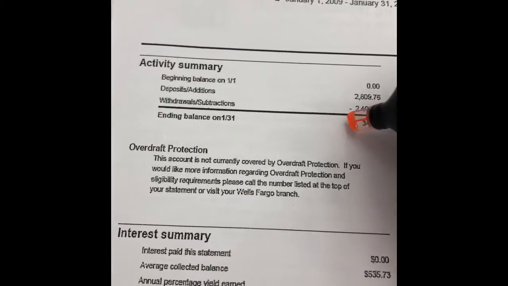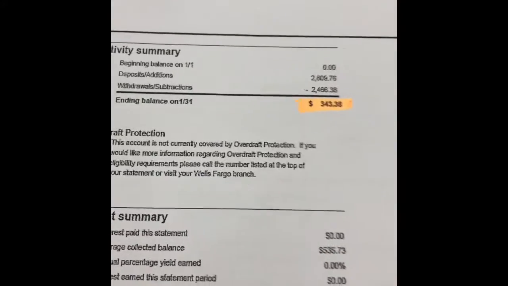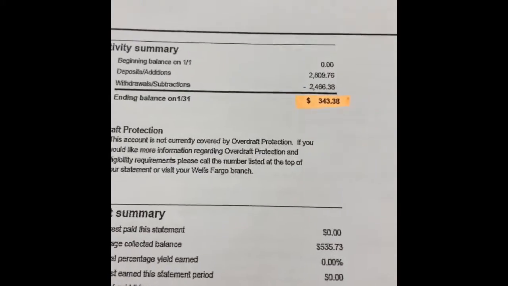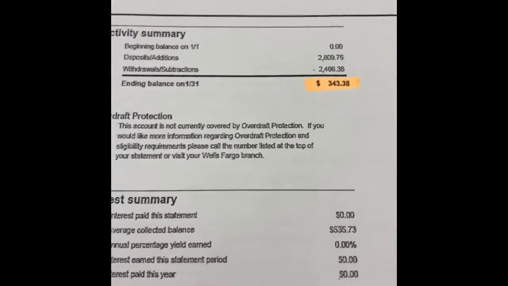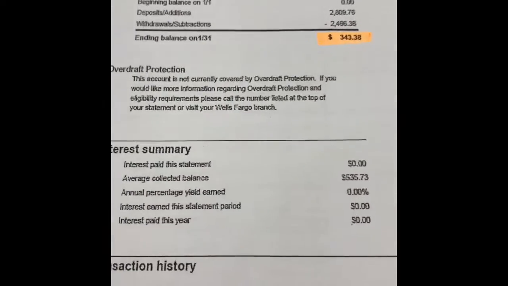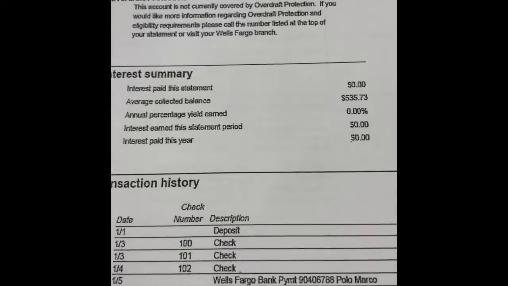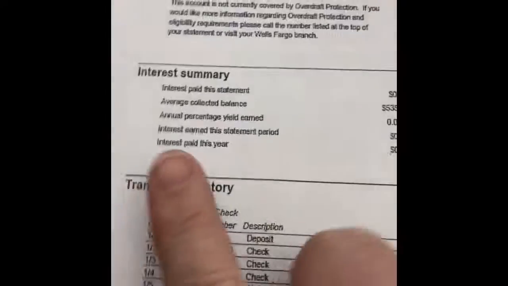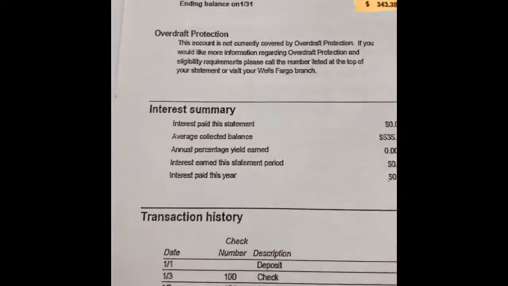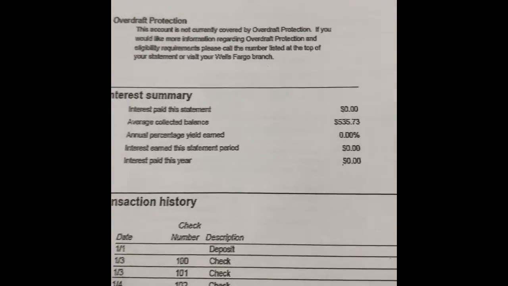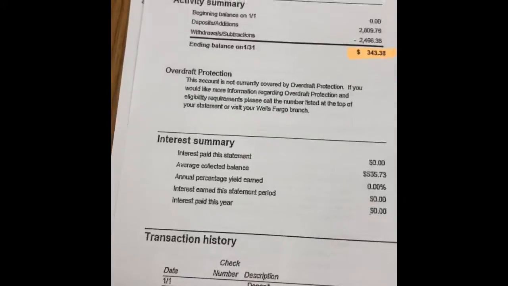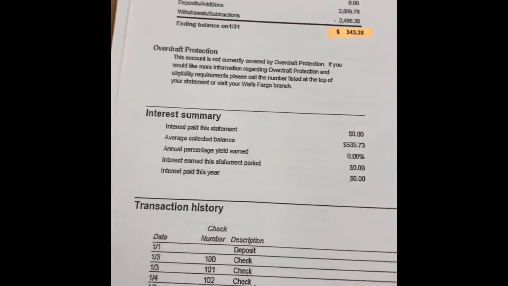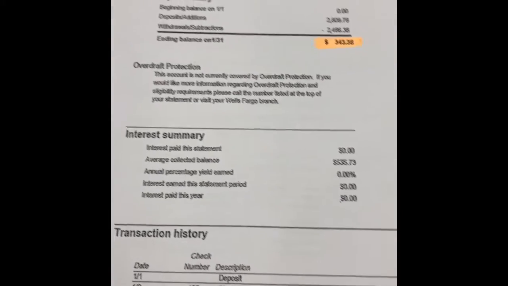So I'm actually going to go ahead and highlight that number. If you don't have a highlighter, just go ahead with your pen and circle it, because this is an important number. We're going to use this a little bit later in our lesson. If you move down, the next thing that's going to be of importance to us is the interest summary. Some accounts will pay you interest on the money when you have it in the account.